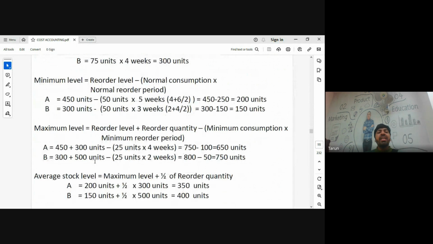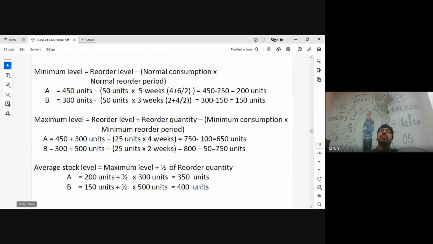So this is the average stock level. It's not the maximum, it's the minimum level. The formula is the minimum level of stock plus half of the reorder quantity.